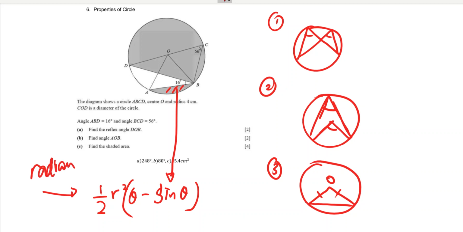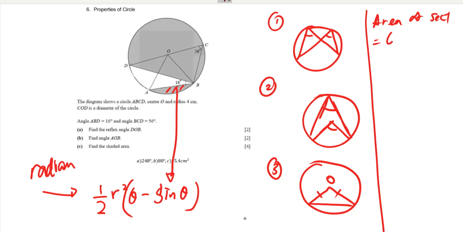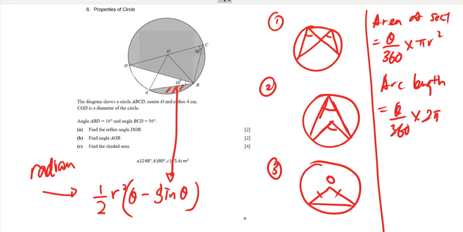Because this is in degree form, and the formula for sector and arc length is not given in degree form, you have to know that area of sector in degree form is theta over 360 times pi r square. And if you need arc length, it is equal to theta over 360 times 2 pi r.